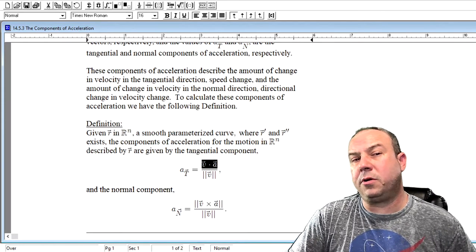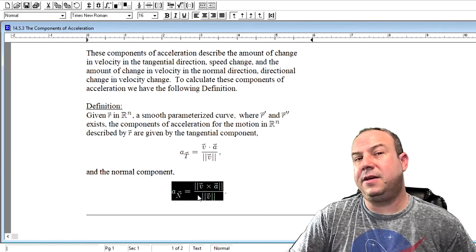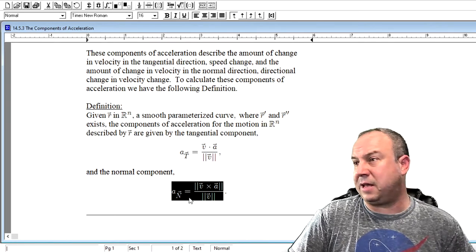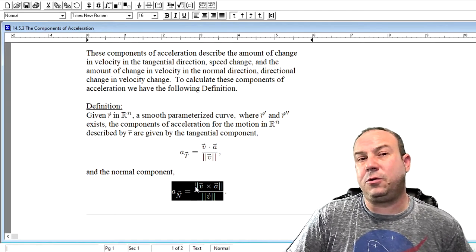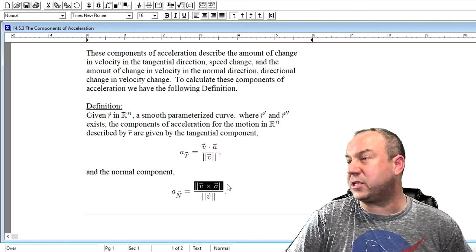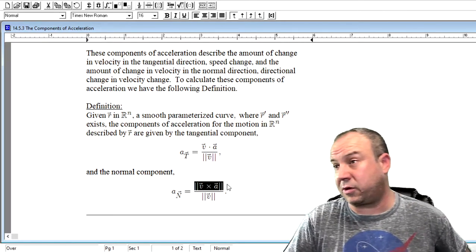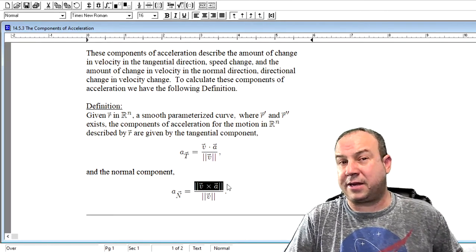And the normal component is given by A of N bar, which is equal to the magnitude of the cross product of the velocity with the acceleration vector divided by the magnitude of the velocity vector.